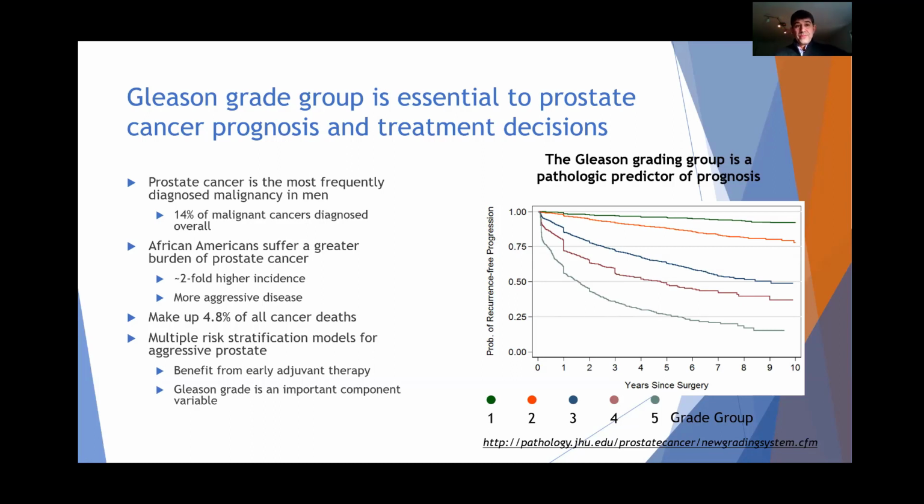The Gleason grade group is scored on a scale from 1 to 5, and it's really indicative of the differentiation of the tumor. Prostate cancer arises in prostate glands, and an increasing score reflects the increasing de-differentiation of the cells, which just means that it looks less and less like a normal prostate gland. Again, increasing score here is associated with increasing risk of prostate cancer recurrence as well as mortality from prostate cancer.